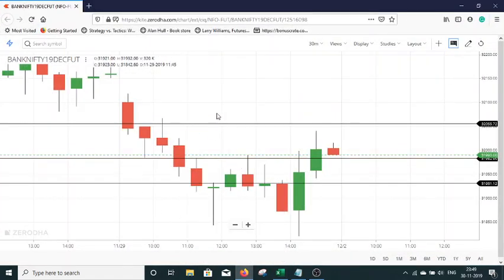As per the Excel level, the sale was below 31982. The stop loss was 32055, sorry, and the target was 31931. As you can see, the trade was triggered around the 10:45 candle.